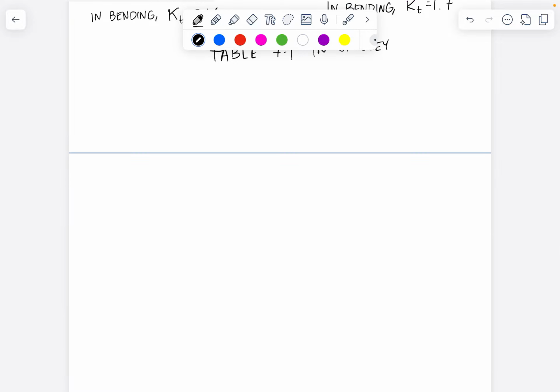Okay, so now let's talk about tolerancing keys. So parallel keys may be positively or negatively toleranced.